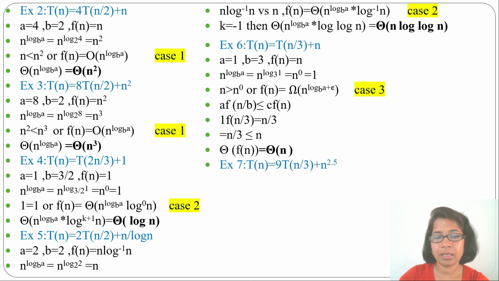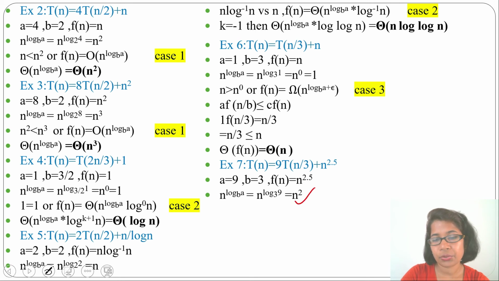Next example, Tn equals 9T of n divided by 3 plus n power 2.5. a equals 9, b equals 3 and the function equals n power 2.5. We need to find n power log a base b, so n power log 9 base 3. Log 9 base 3 will be 2, so n square.